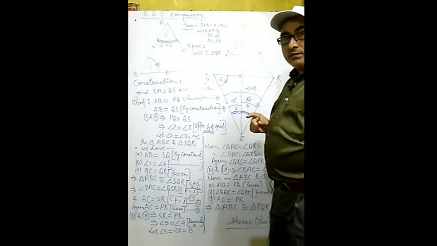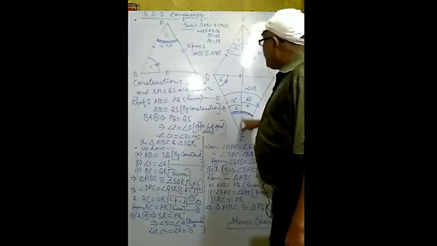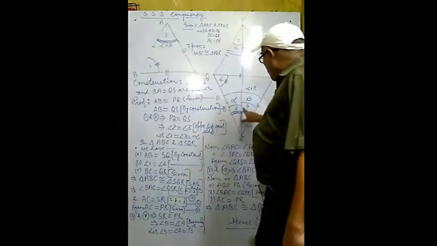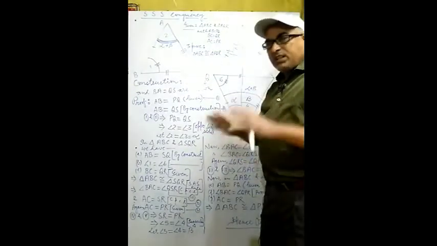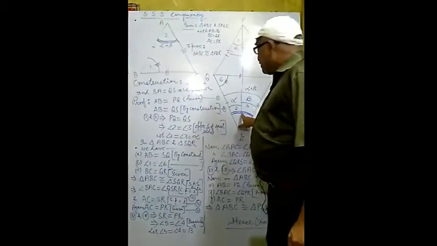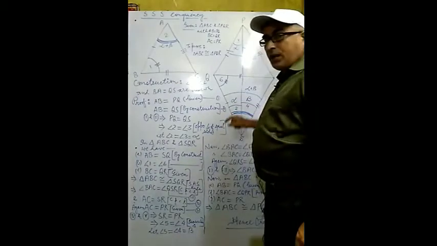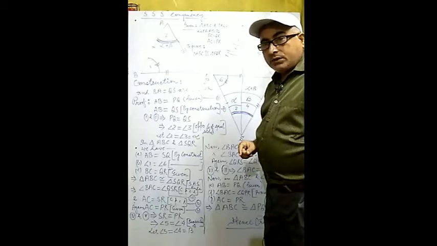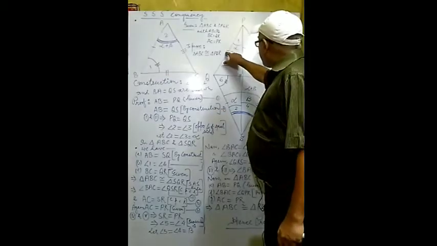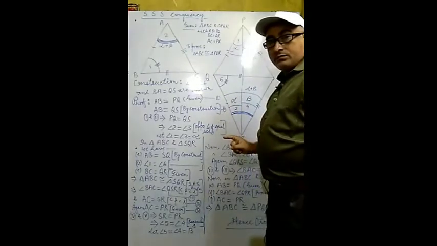So see here, something is common here. This angle equals this one and this one also equals this one. Establish the relation. Be cautious. This one equals this one by CPCT. This one equals this one, we have proved here. It means this complete angle equals this complete angle.